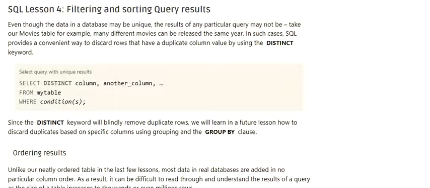In such cases, SQL provides some very basic functions. Through those functions we can discard rows that have a duplicate column value. This can be done by using the distinct keyword.